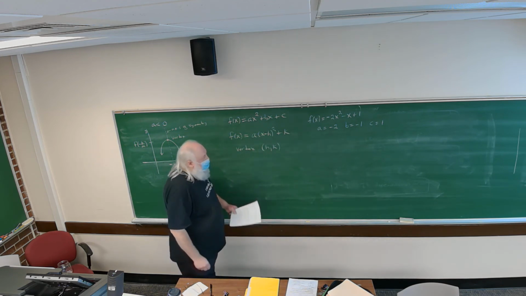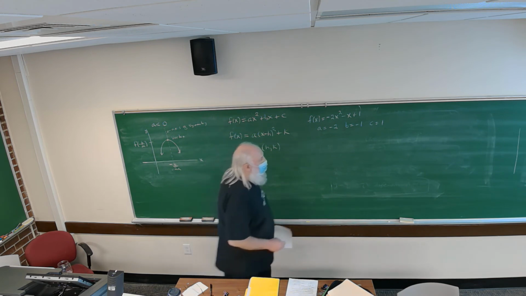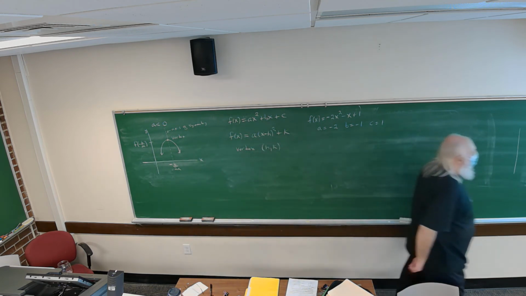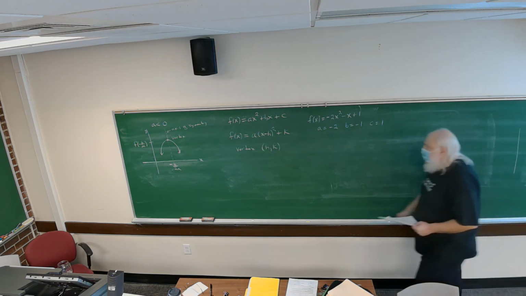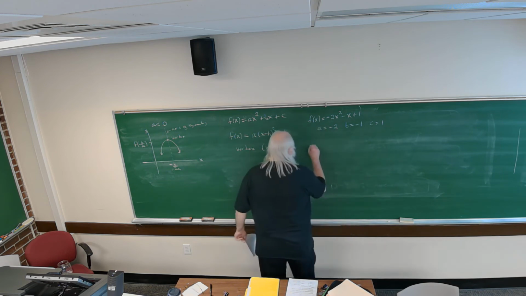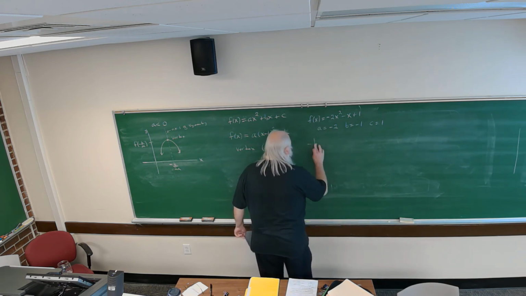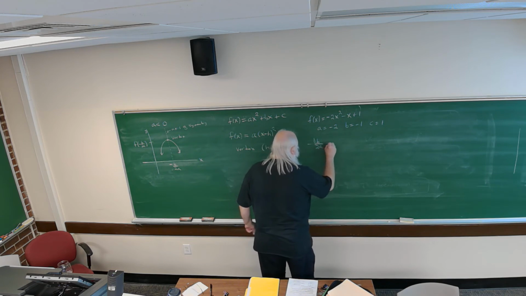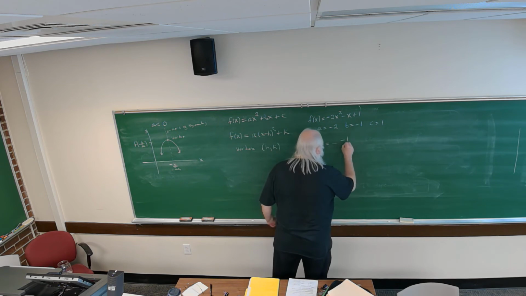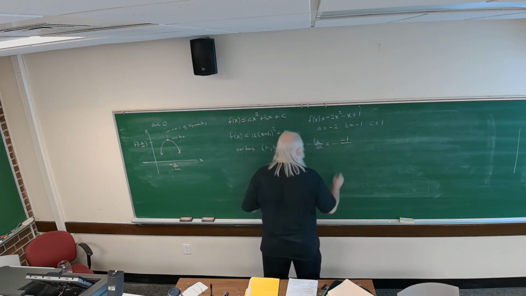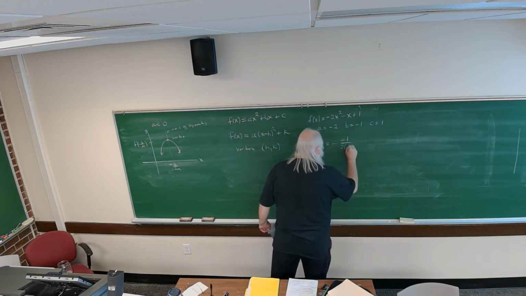So to find the vertex, the x coordinate is located at negative b over 2a. So minus b over 2a is equal to the negative of negative 1 over 2 times negative 2.